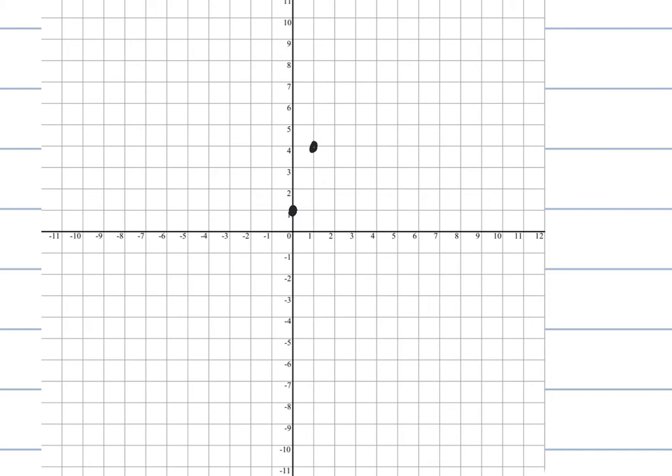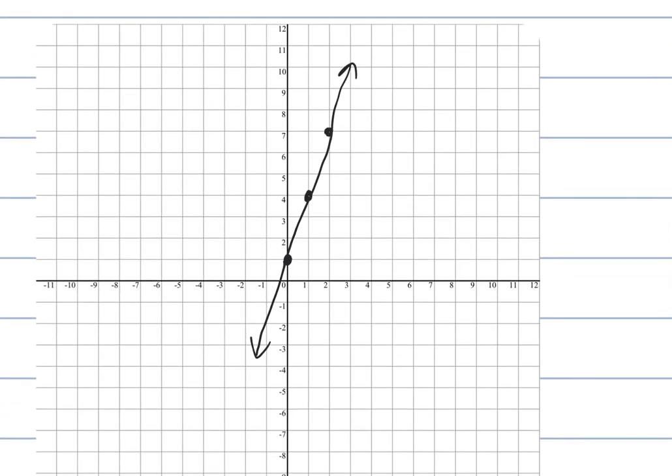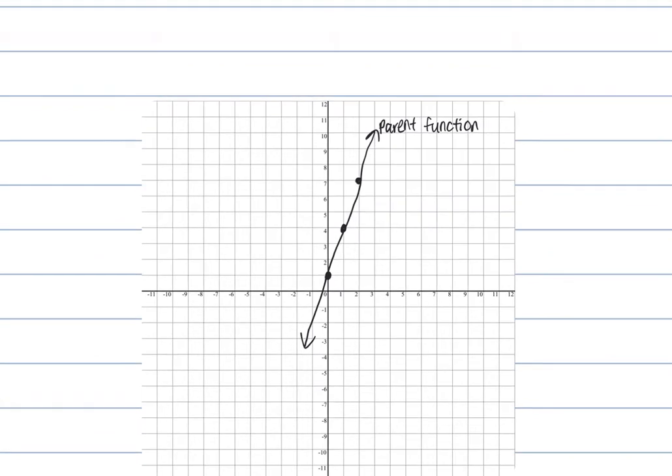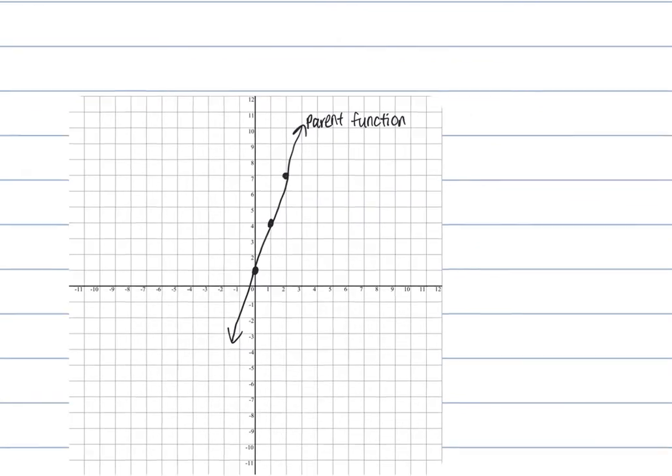Rise over run. Good. So let's do it one more time. And we should get these 3 points. Okay, let's label this our parent function. And then I'm moving everything down 2 units.